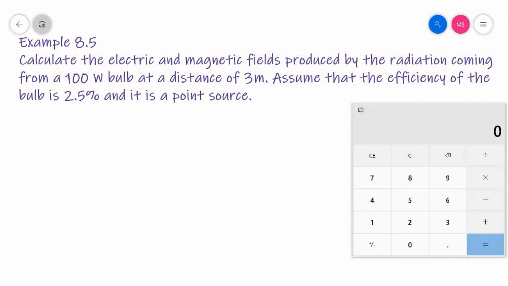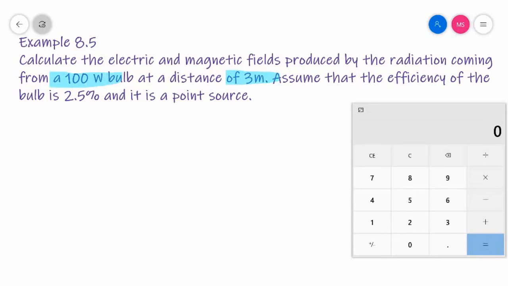Example 8.5. Calculate the electric and magnetic fields produced by the radiation coming from a 100-watt bulb at a distance of 3 meter. Assume that the efficiency of the bulb is 2.5% and it is a point source. So in this example, a bulb of 100 watt is given and we need to find electric field and magnetic field at a distance of 3 meter from it.